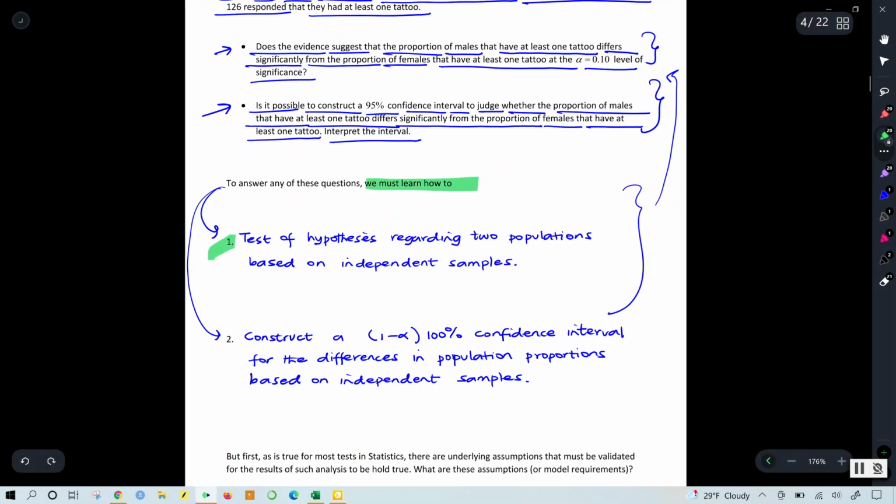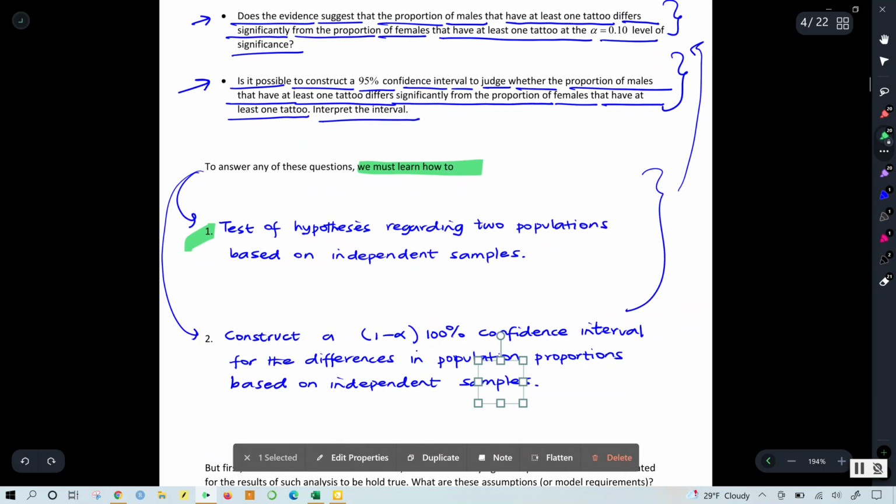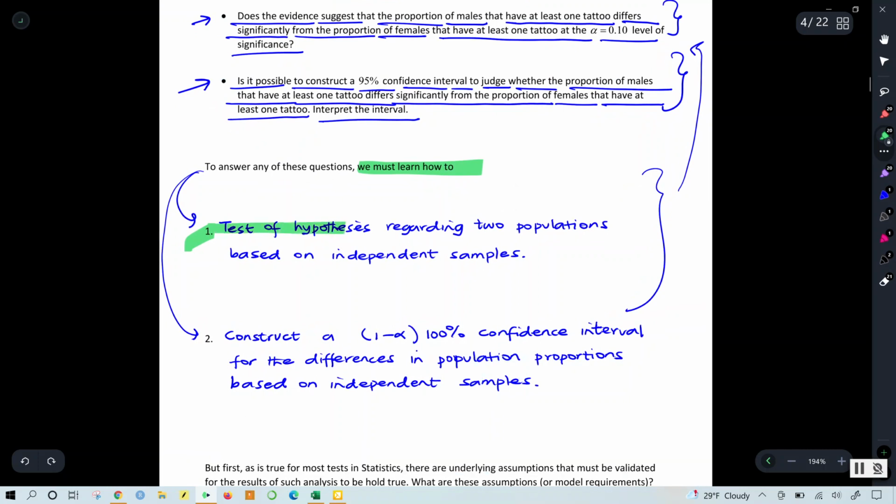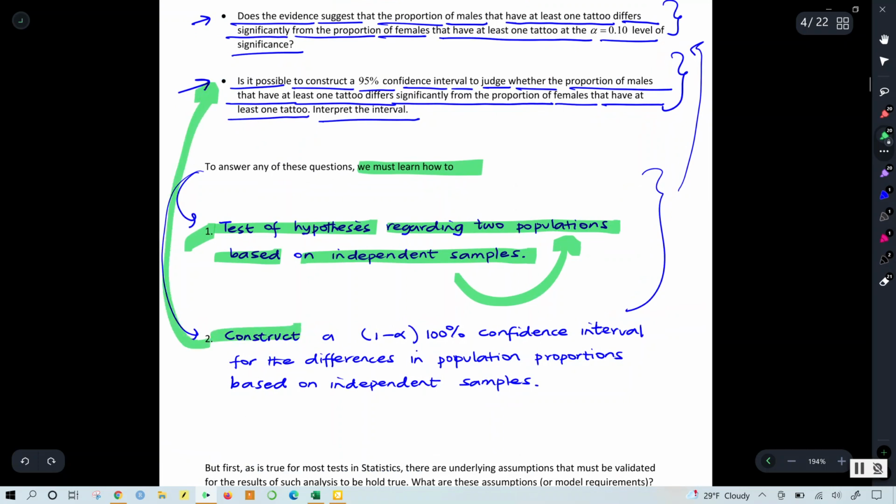One, we must learn how to conduct an analysis that relates to the test of hypotheses regarding two populations based on two independent samples drawn from such populations. Two, in order to answer the second question, we must be able to construct a 1 minus alpha 100% confidence interval for the differences in population proportions based on independent samples.